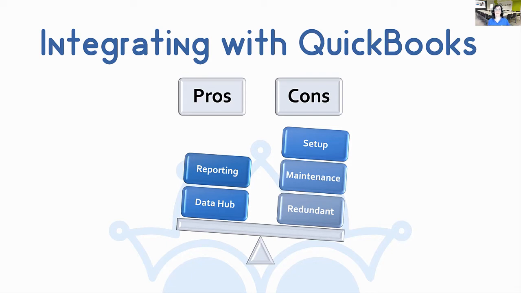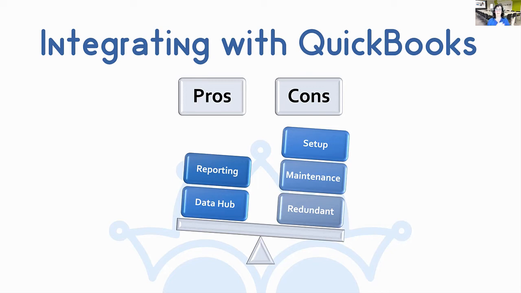The pros of integrating your shopping cart or your POS system with QuickBooks is, first of all, the reporting, that it allows you to really run numbers on your profitability. And it also can be a data hub that sends information out and integrates with multiple different places.